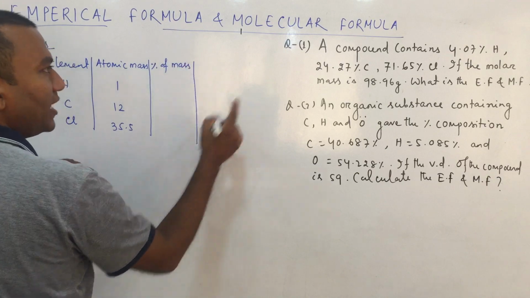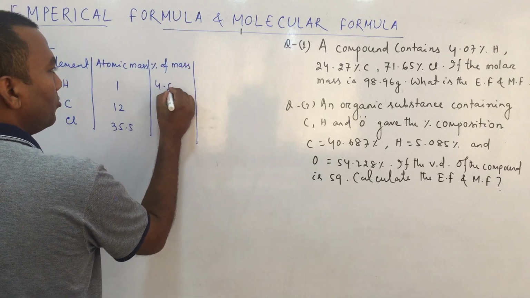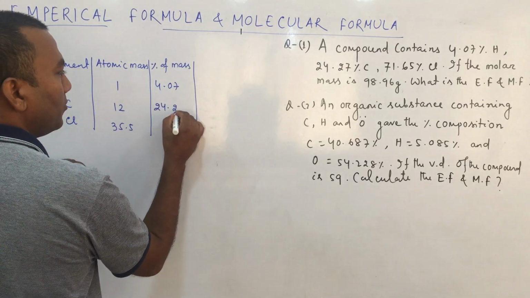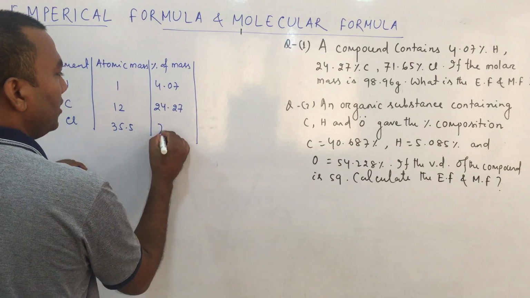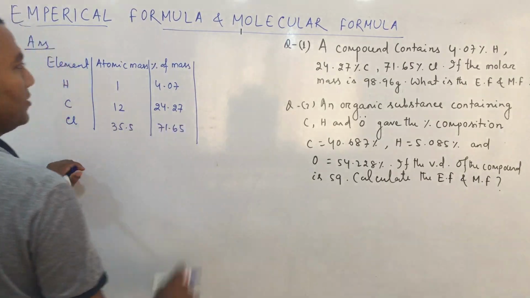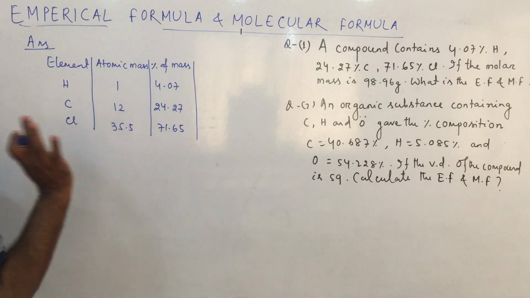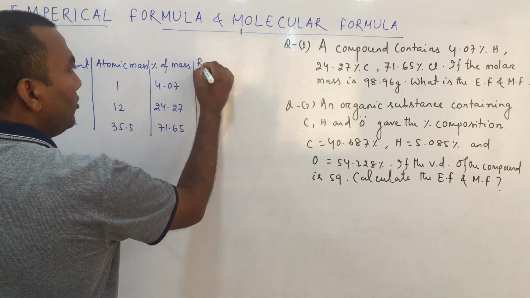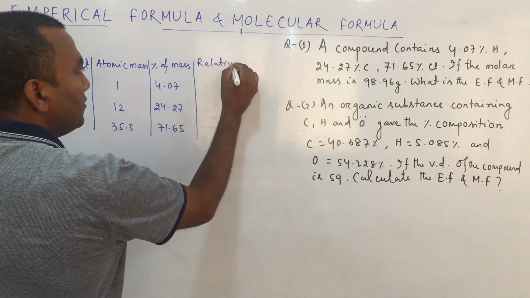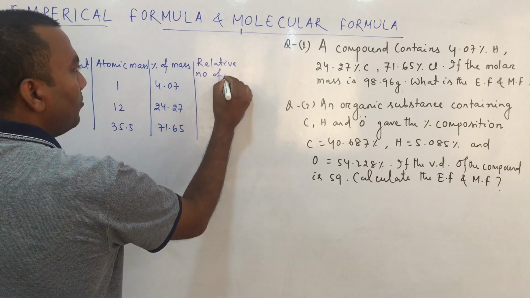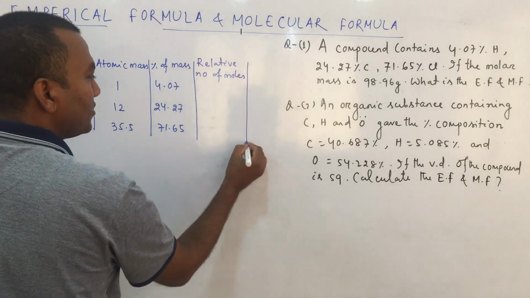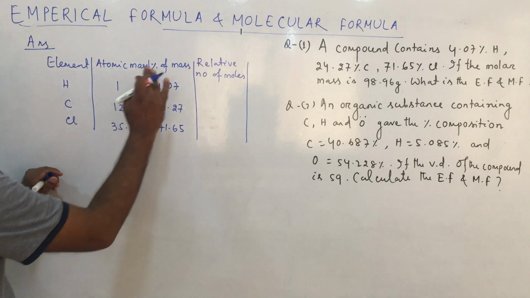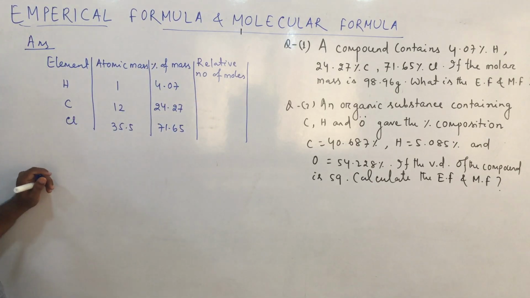Next is the percentage of mass given in the question. Hydrogen is 4.07, carbon is 24.27, chlorine is 71.65. This is the percentage. Next we will write the relative number of moles. How can you calculate the relative number of moles? Moles means given mass by atomic mass.